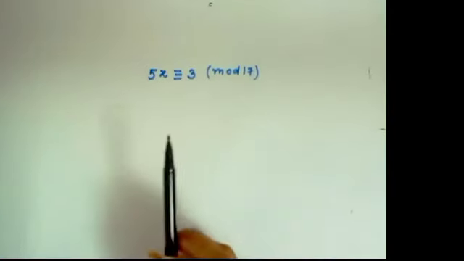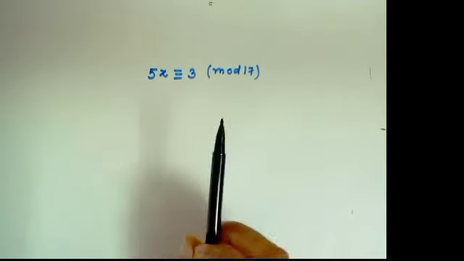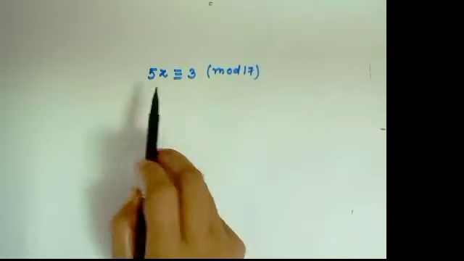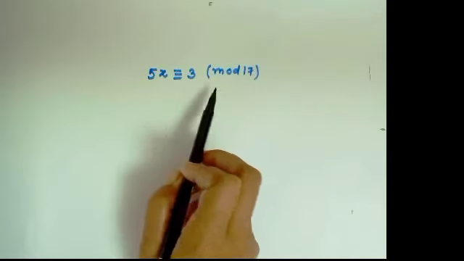Let's see one example using Fermat's theorem. Solve the linear congruence 5x is congruent to 3 modulo 17.